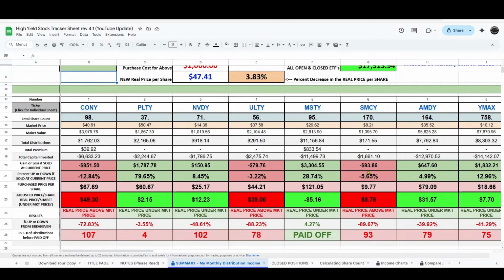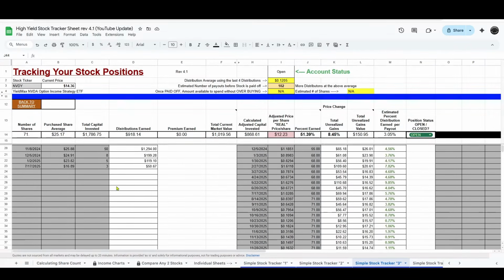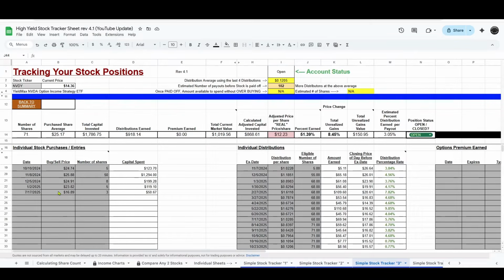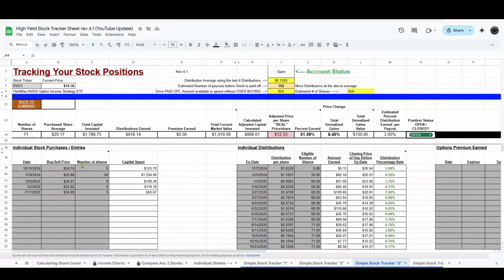And then of course, to get to each sheet, it's pretty simple. You can just hover over that ticker symbol and a pop-up will show and it'll take you straight to that individual sheet. And in that individual sheet, you'll see where you can actually enter in your purchases and all the distributions you've made, and it will do all the calculations for you.